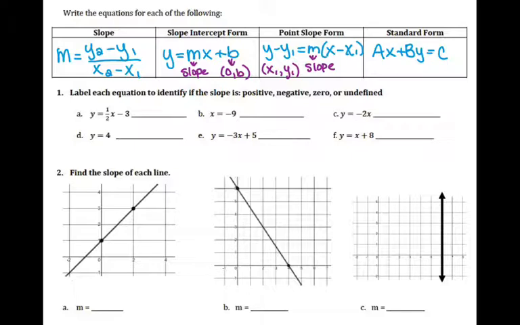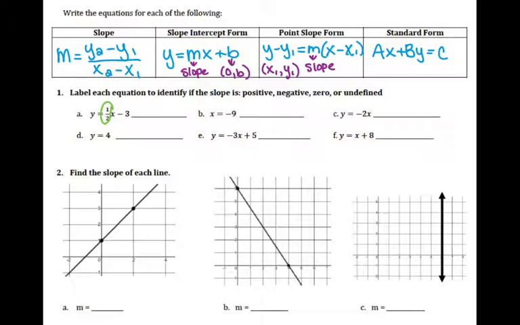Okay, so number 1 says to label each equation to identify if the slope is positive, negative, 0, or undefined. Letter A is in slope-intercept form, which means the number in front of my x represents my slope. Is 1/2 positive or negative?